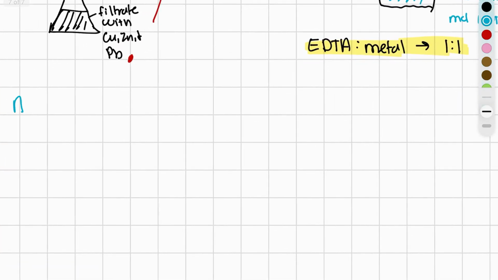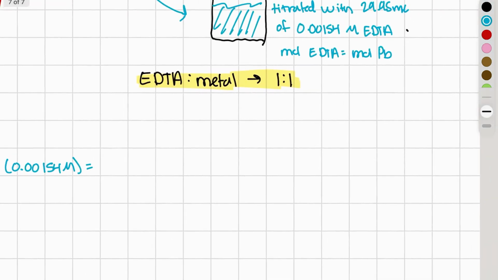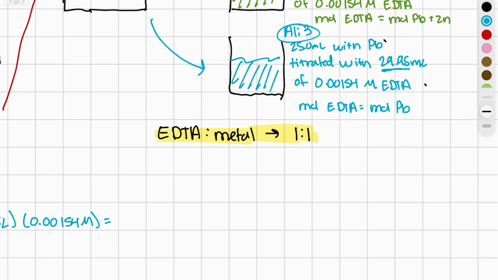So for aliquot 3, moles of EDTA equals 0.02995 liters times that concentration. And this is just coming from this part of the problem.